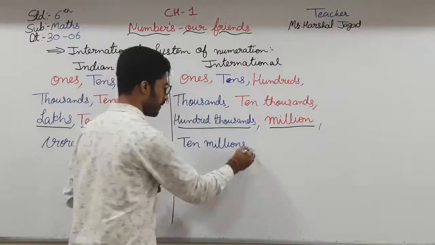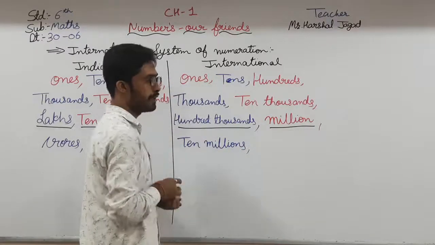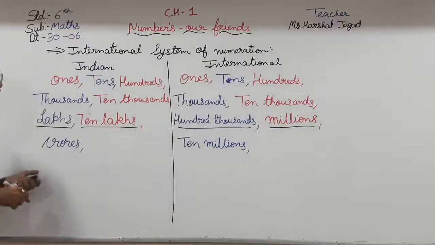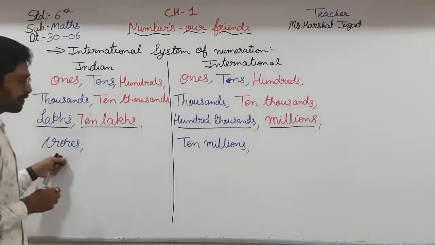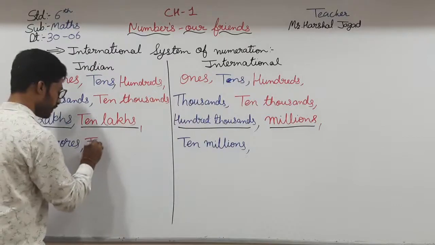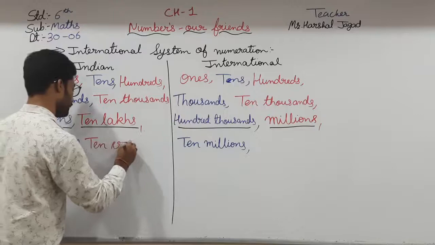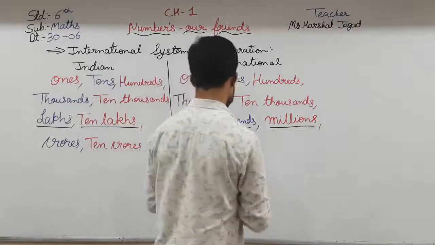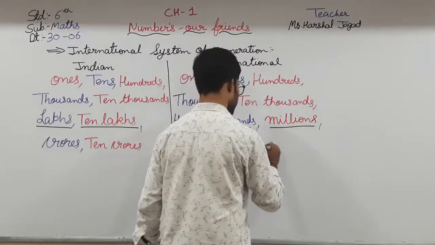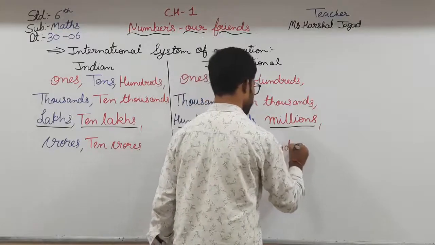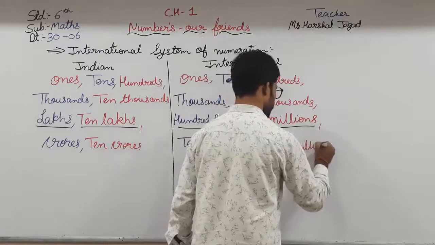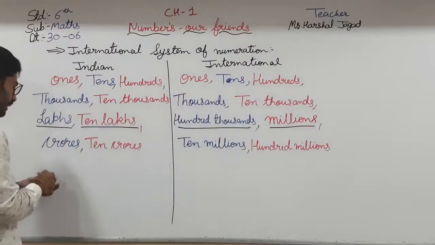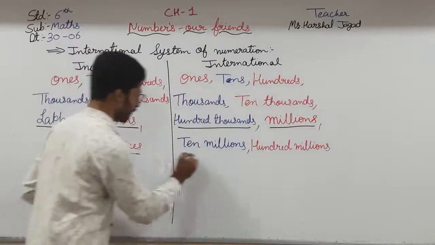Okay, now moving forward, here it will be 10 crores, but here it will be 100 million. So here also it is different.